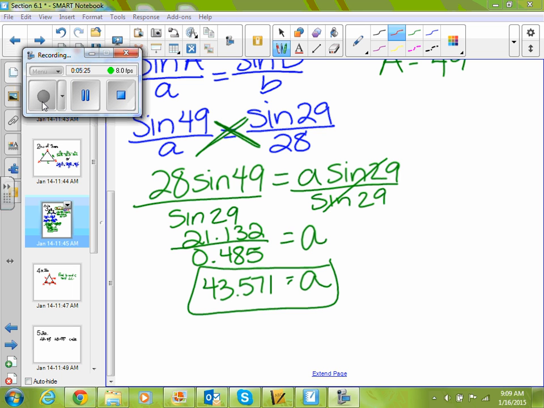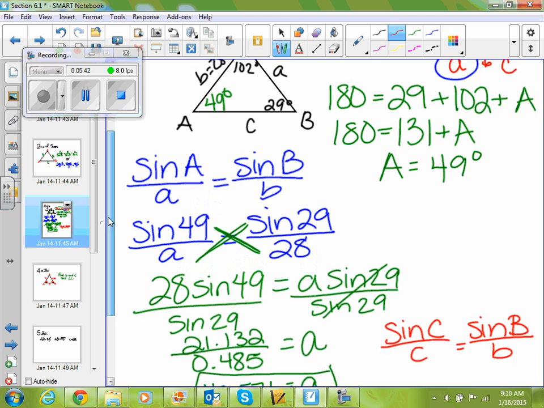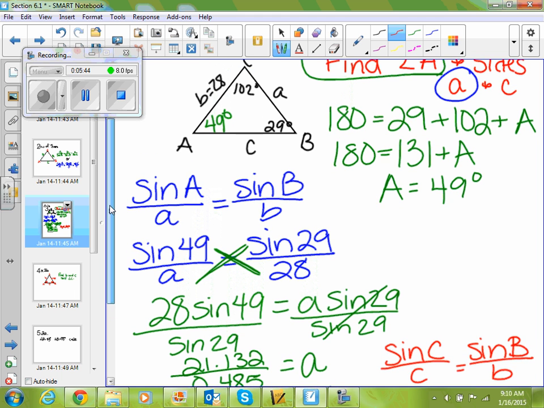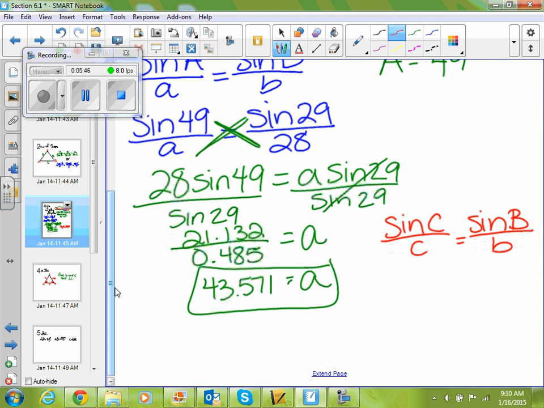If I do the same thing to find side C, I know that sine of C over C equals sine of B over B. Okay, so if we go back up to our diagram, we know that angle C is 102 degrees.